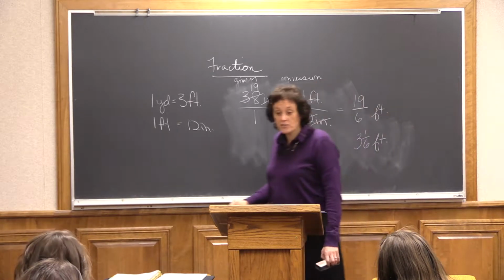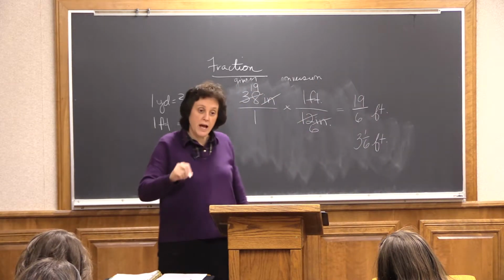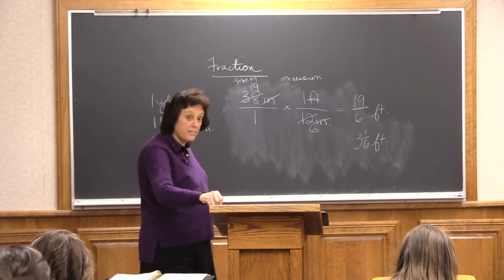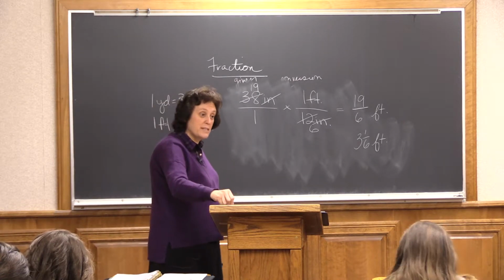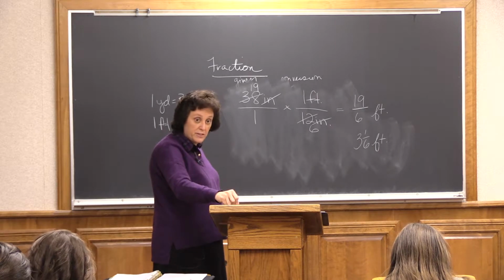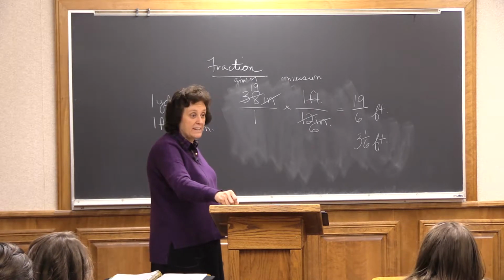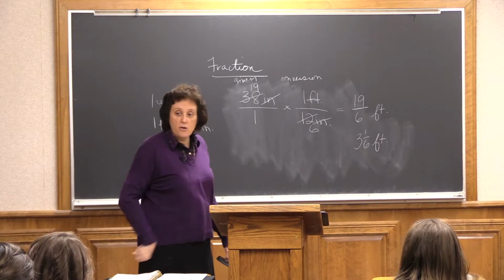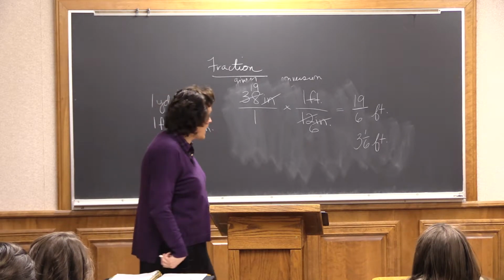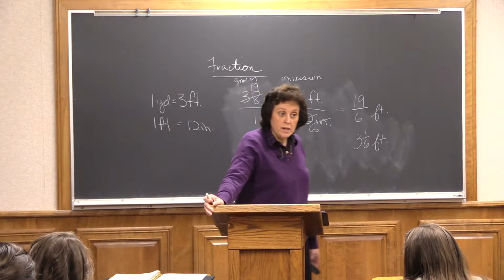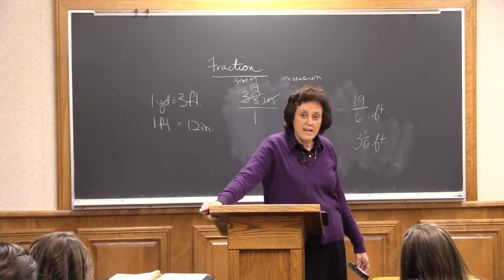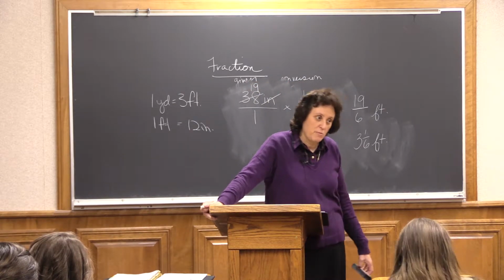Again, I have a fraction that would be a repeating decimal. Do not use decimal math. Do not use decimals when it has a remainder. Okay, if I divide 6 into 19 and add a decimal, I'm going to be there all day, or I'm going to end up rounding. The answer is not 3.2. The answer is not 3.17. The answer is not 3.167.